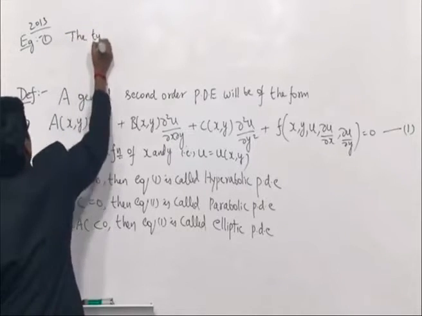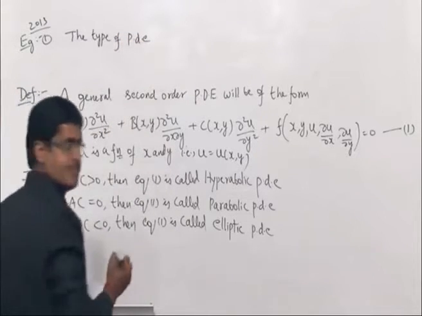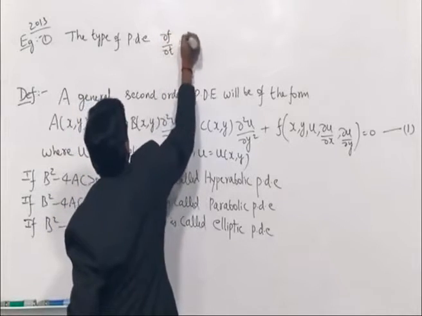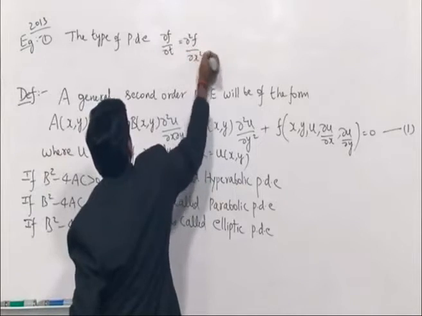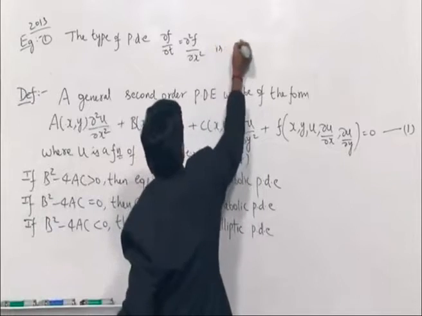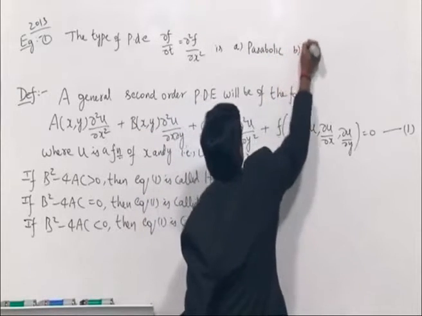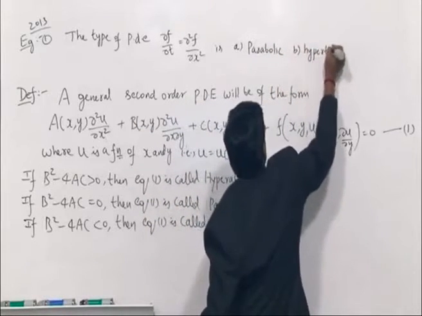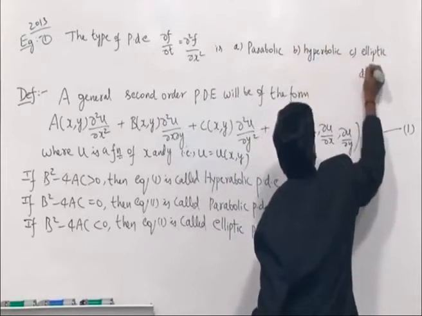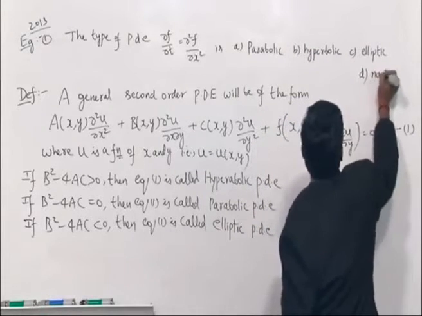The type of PDE dou f by dou t is equal to dou square f by dou x square is A. Parabolic, B. Hyperbolic, C. Elliptic, D. Non-linear.